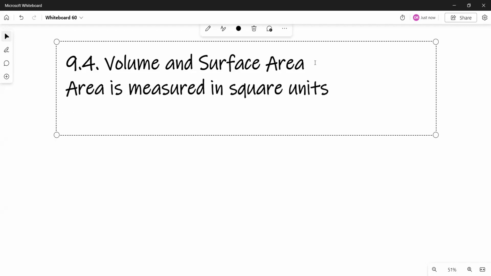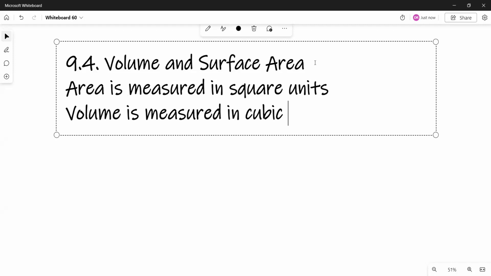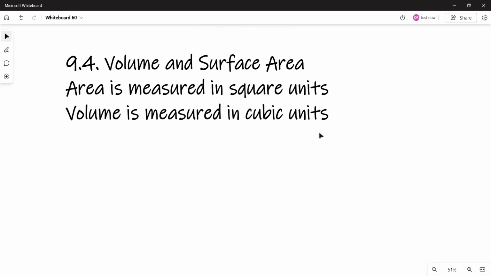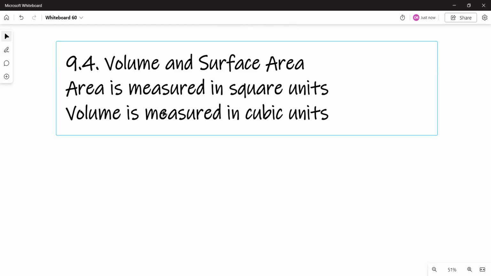And volume is going to be measured in cubic units, like cubic feet or cubic meters or cubic centimeters. Surface area is still an area, so surface area will still be measured in square units.